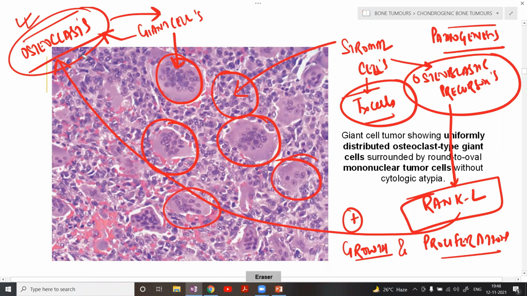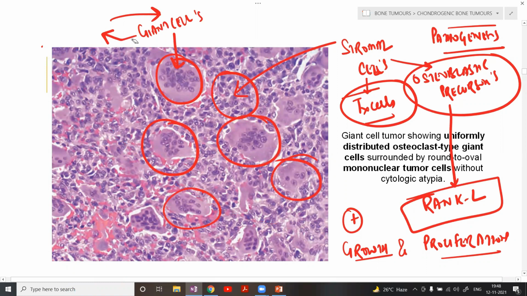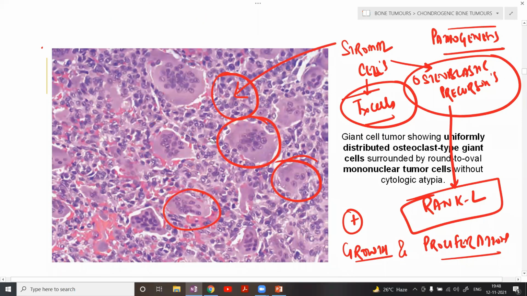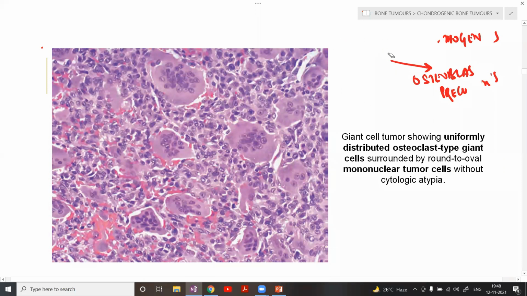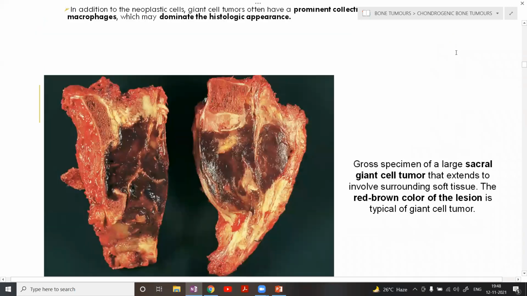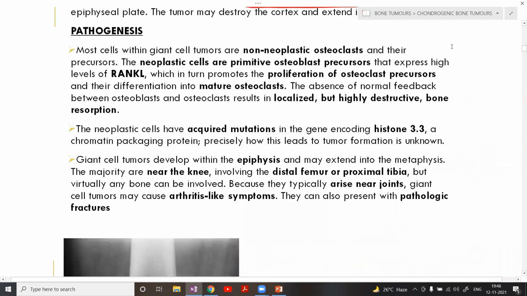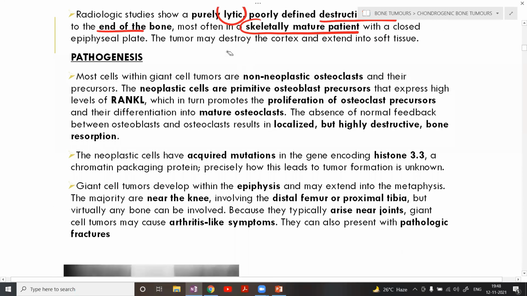Now I will go and just read the pathogenesis out, and then I will discuss the microscopy once again. Let us go back. Okay, so if you see the pathogenesis of these tumors, most cells in giant cell tumors are non-neoplastic osteoclasts.